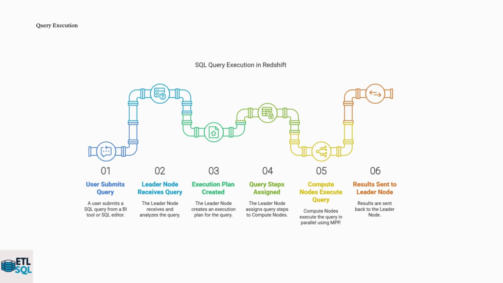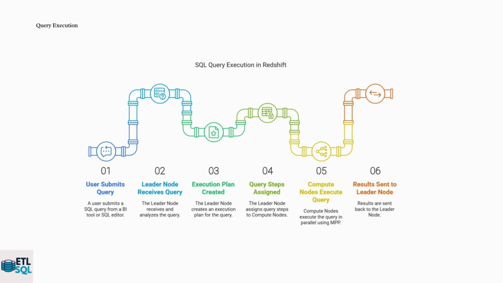The last section of this lesson, I want to cover how exactly the SQL query execution happens in Redshift. So at the very first step, the user submits the query, and this query can be via a BI tool or an SQL editor or an SQL script. The leader node receives the query and analyzes it. It creates the execution plan, and then it passes the query steps to compute nodes.